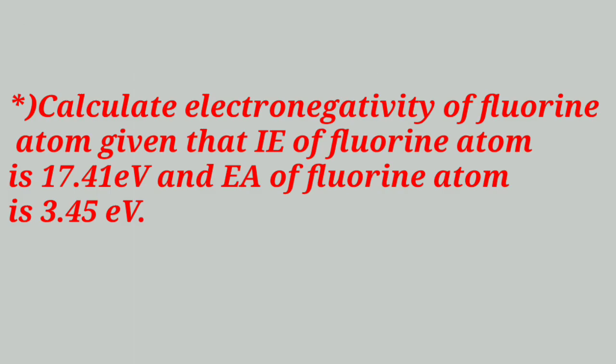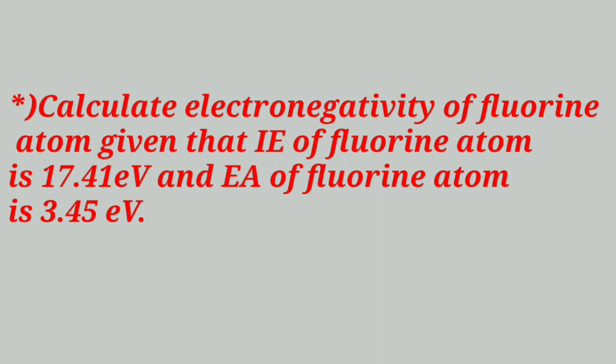Now, let's see one numerical on this. Calculate the electronegativity of fluorine atom. Given that the ionization energy of fluorine atom is 17.41 electron volt and the electron affinity of fluorine atom is 3.45 electron volt.